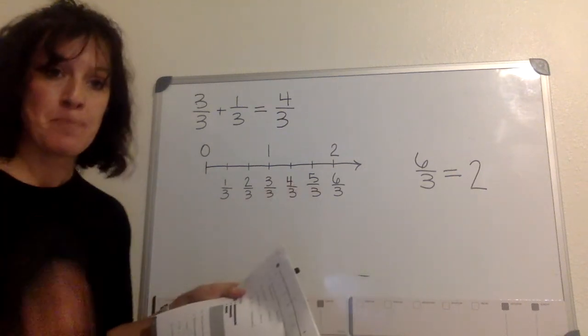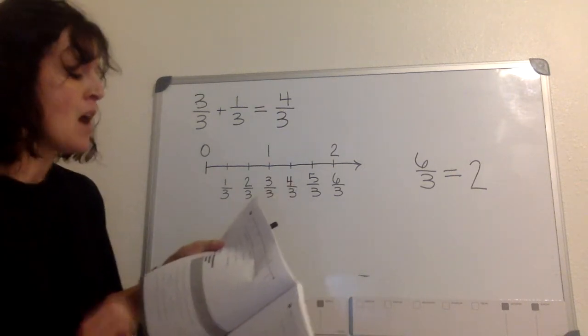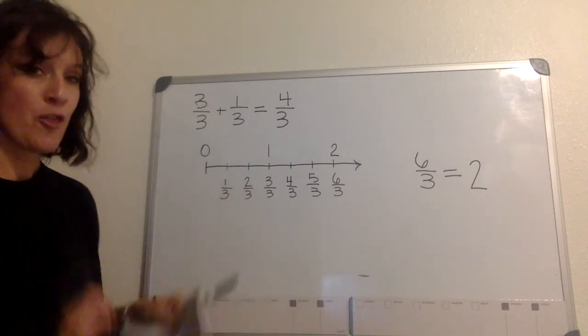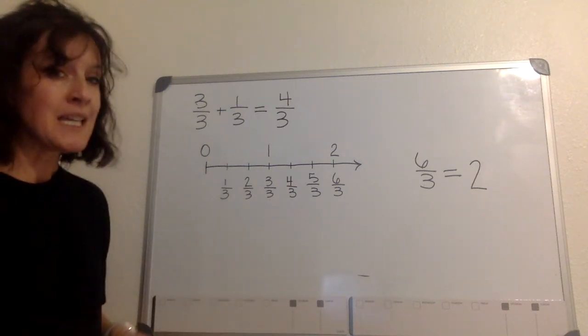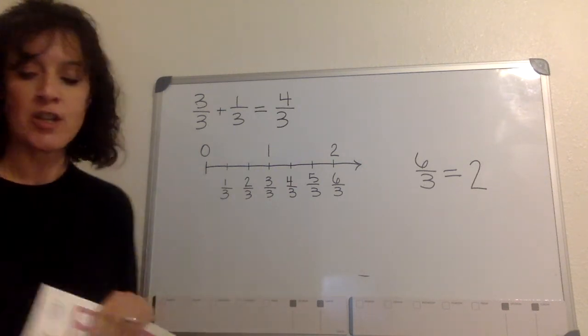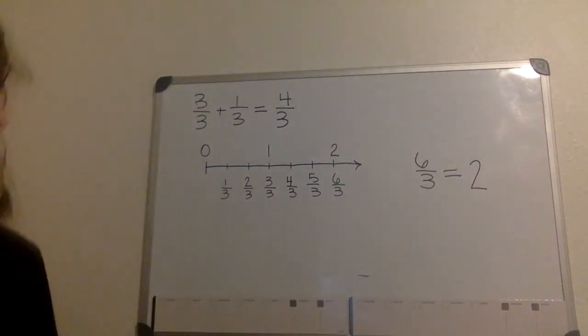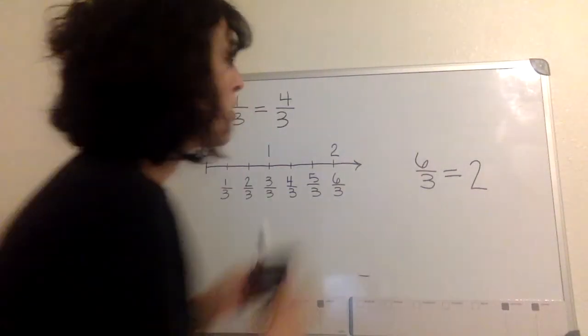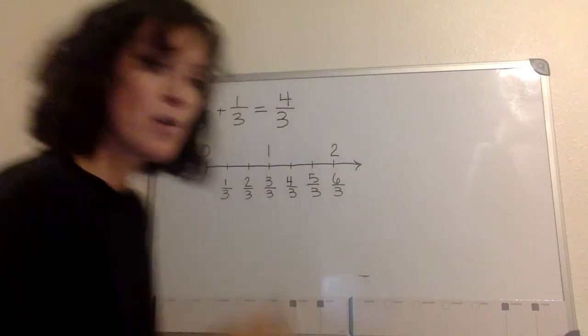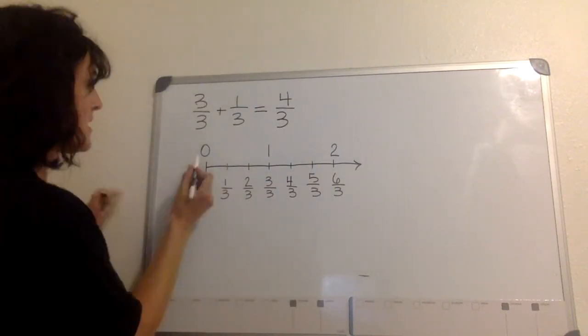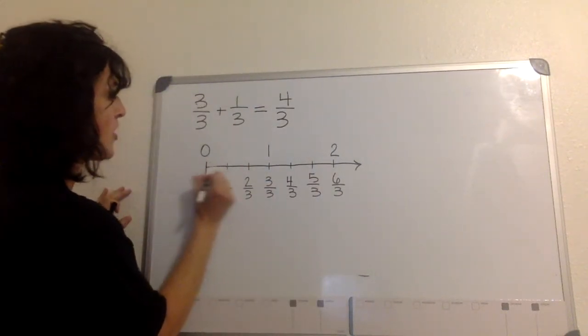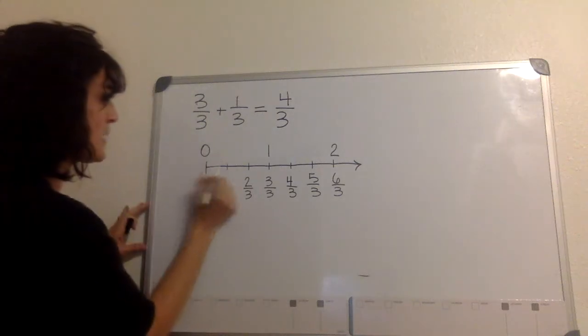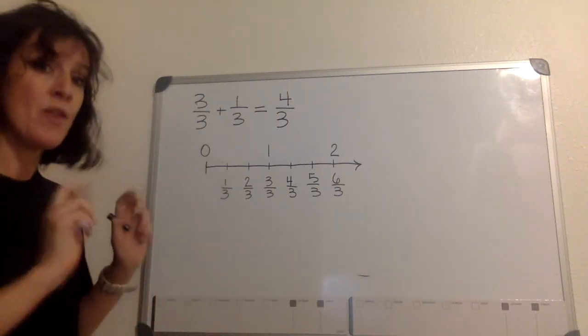Let's look at B. There are blank thirds in 5/3. All right. Remember, our increment is 1/3. All right, so each of these spaces is considered 1/3.